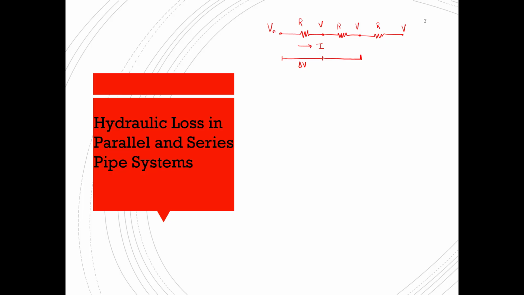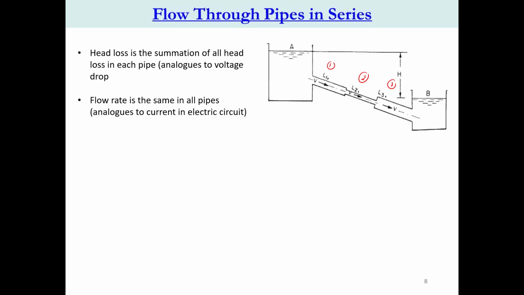So let's call these points VA, B, C, and VD, and here we also have E, F, and G. So here we're going to have the first voltage drop, delta V1, delta V2, and delta V3. The same way for hydraulic systems, we have the hydraulic loss for each one.